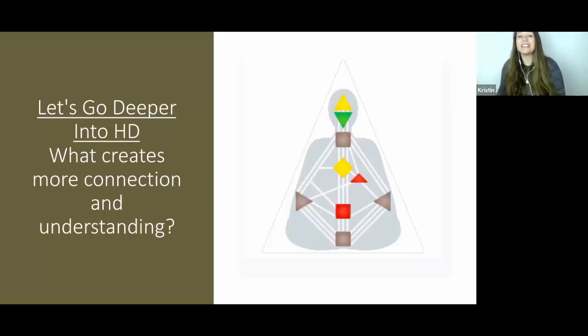They're not going to change, and this is what they're here to do and bring and provide. So as we understand human design, it creates a lot of tolerance in your relationships, and that's going to be one of the keys to creating more love in your relationship.